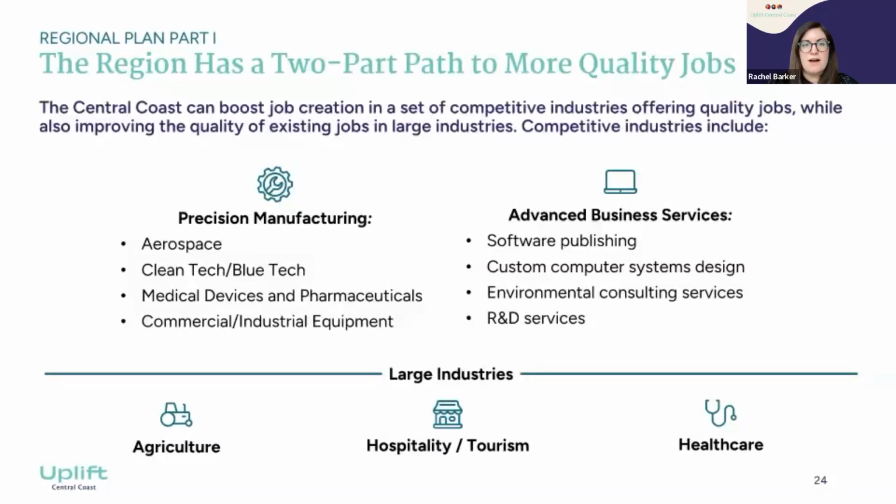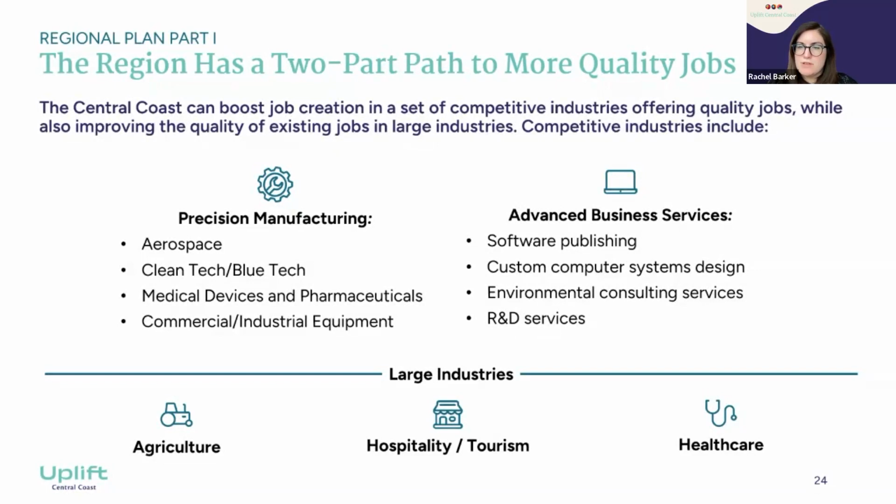So we have kind of laid out a 2-part path. There's industries where we think quality jobs can be boosted by growing jobs. And then there's industries where we think there's potential to boost quality jobs by improving existing jobs.